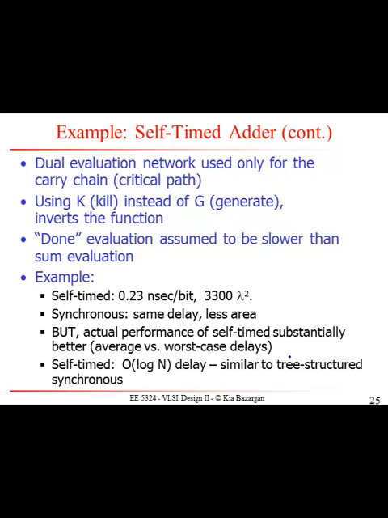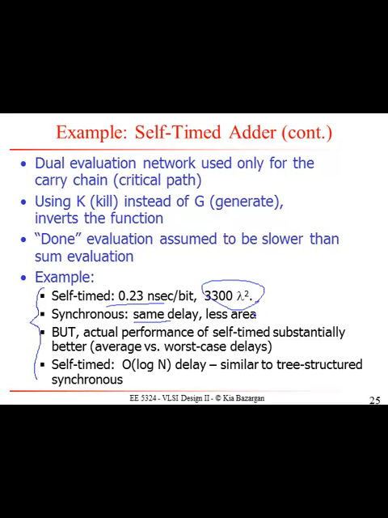All right, so just to give you an example of the implementation, and again, the technology in which this was implemented doesn't matter, the relative numbers do matter. In the self-timed version, you had about 0.23 nanoseconds per bit, which was the same delay as your synchronous, but you used slightly more area compared to synchronous because of all the handshaking signals and PDN, PDN bar, and so on.